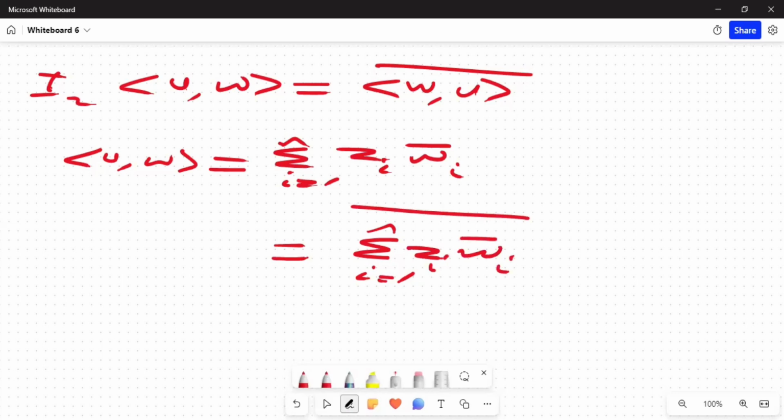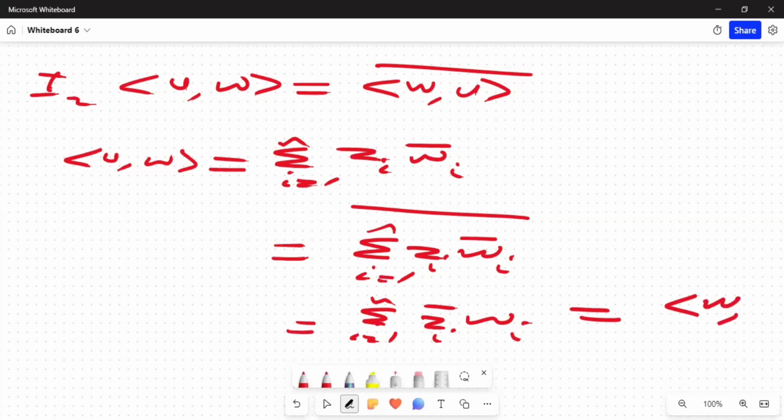You take the conjugate of this, what will it be? This is summation i running from 1 to n of zi conjugate wi, which is equal to the inner product of what? w, comma u, conjugate.